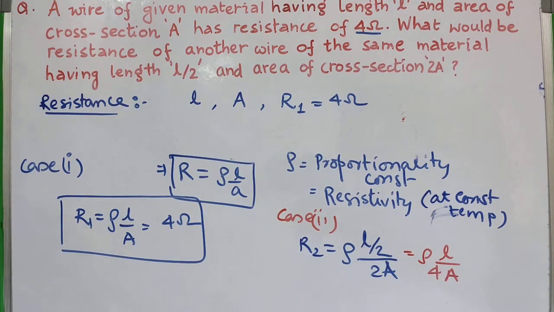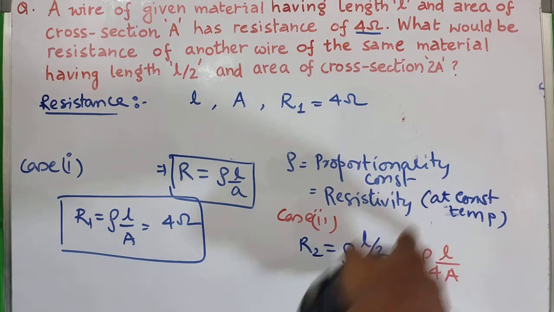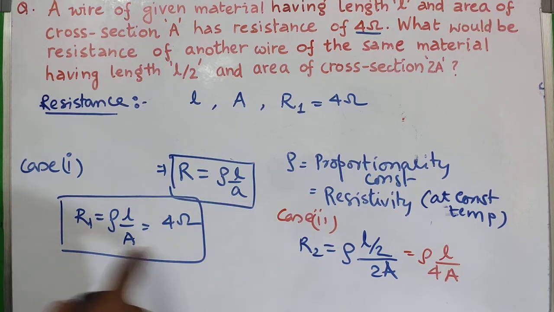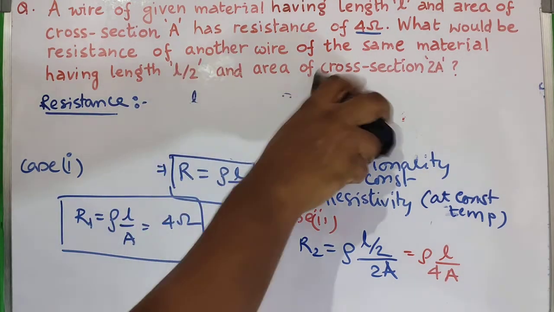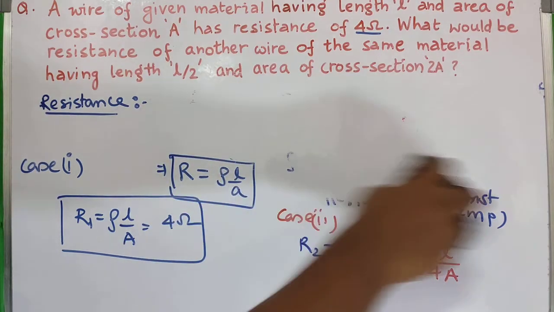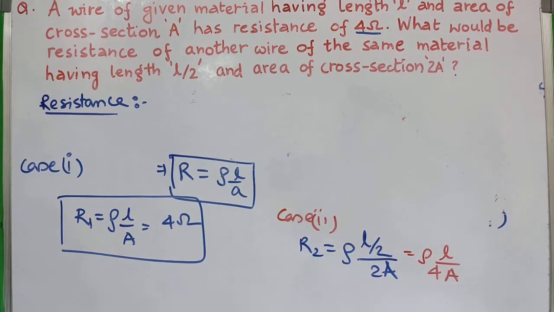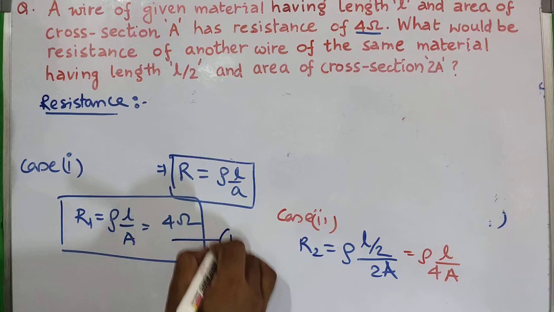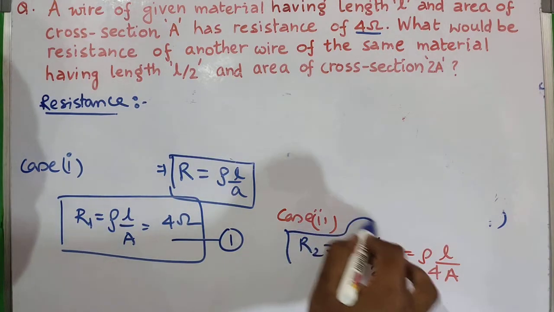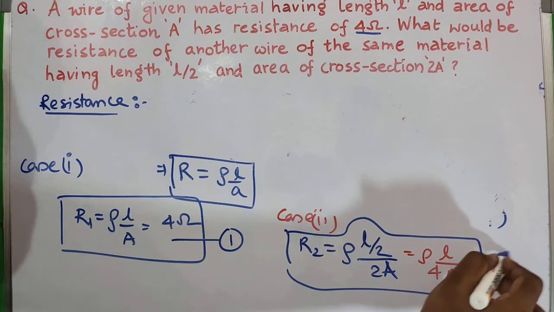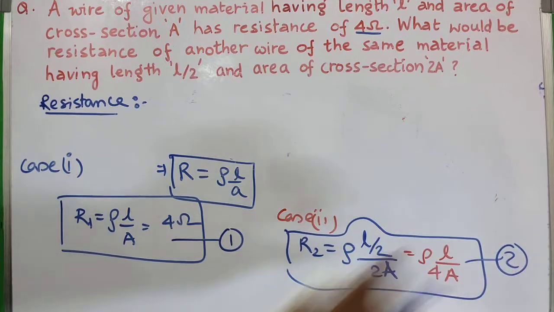So case 1, case 2 we have written here. Remember, in both cases the material is the same, and we should also keep it at the same temperature, then the resistivities will be the same. So from both cases what we can write? Let me write this as equation number 1 and equation number 2, just for our comparison purpose, right?